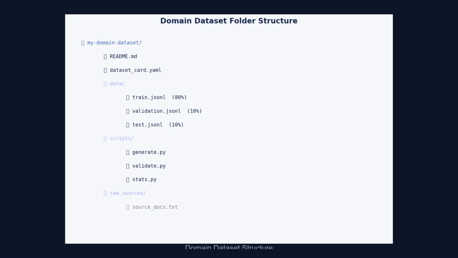The data subdirectory holds 3 JSONL files: train.jsonl at 80% of your examples, validation.jsonl at 10%, and test.jsonl at the remaining 10%. The scripts directory contains 3 Python files: generate.py for creating new examples, validate.py for checking format and quality, and stats.py for computing distribution statistics. The raw_sources directory.